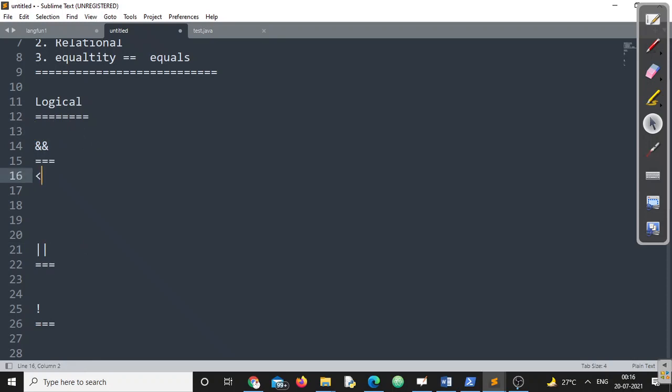Suppose I want to use a logical AND, how do I operate? This is operand 1, then logical AND, then operand 2. This is how I can use the logical AND.